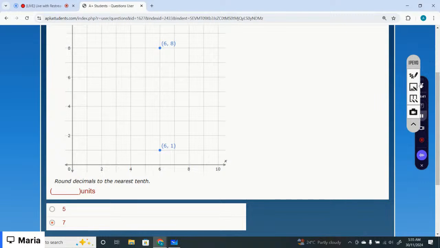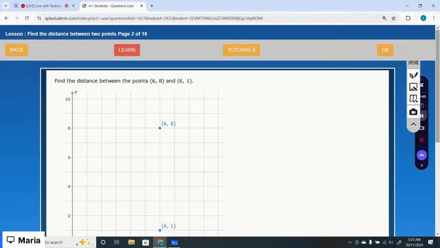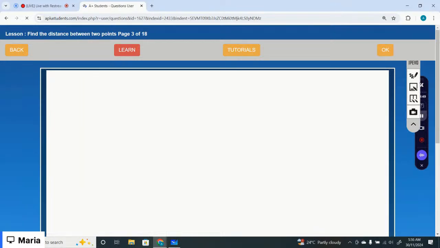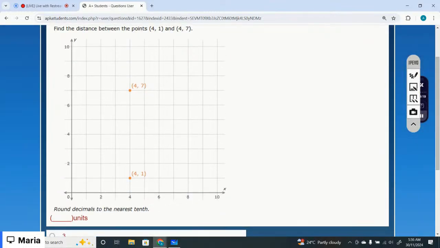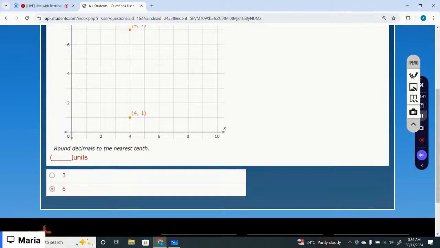Option number 2 is the correct option. Find the distance between the points (4, 1) and (4, 7). That is 6. Option number 2 is the correct option.